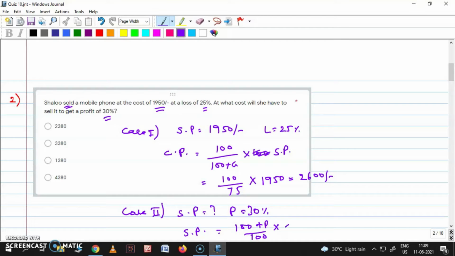Here we need to get 30% profit, so it should be 130 by 100 into 2,600 rupees. This will get cancelled and it will be equal to 3380 rupees. So the answer will be B, 3380. Let's move on to the next question.